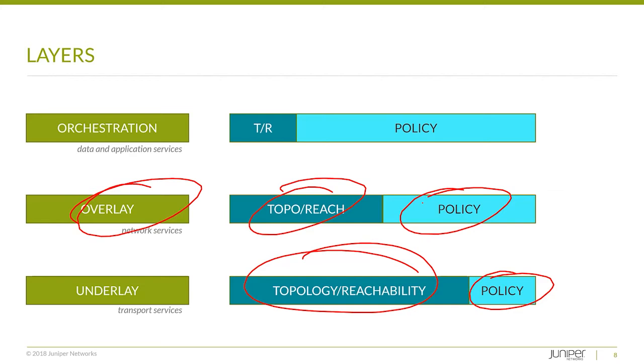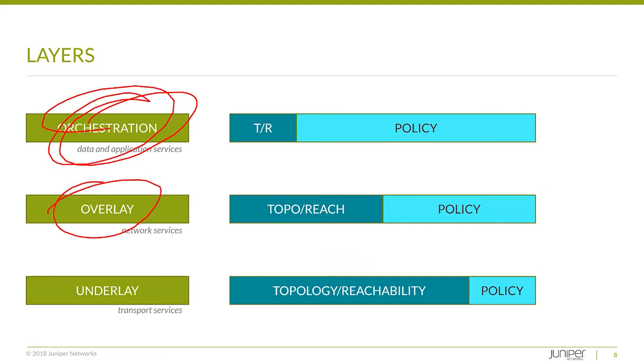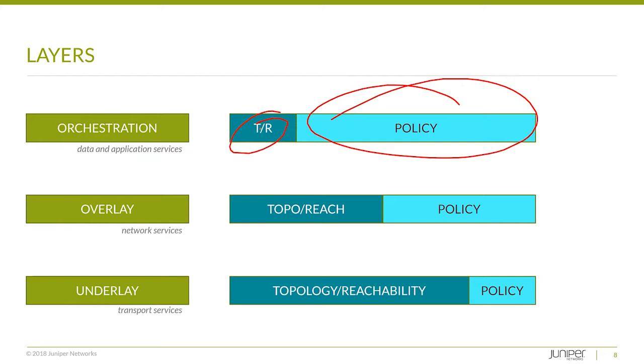So the overlay, something like EVPN over BGP, is going to allow me to manage my policy to some degree or another, but it's also going to have topology and reachability. Now, when I get up to orchestration or application overlay, I can actually call this my infrastructure overlay, and I can call this my application overlay. What I'm going to do is move to focusing on policy, and the topology and reachability become very small parts.